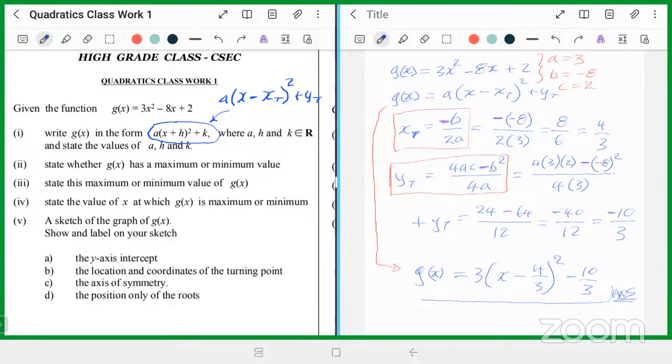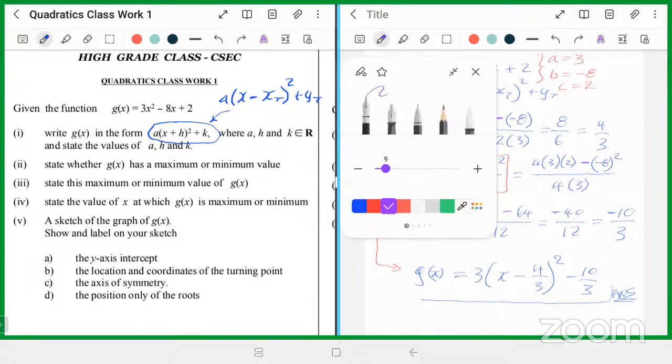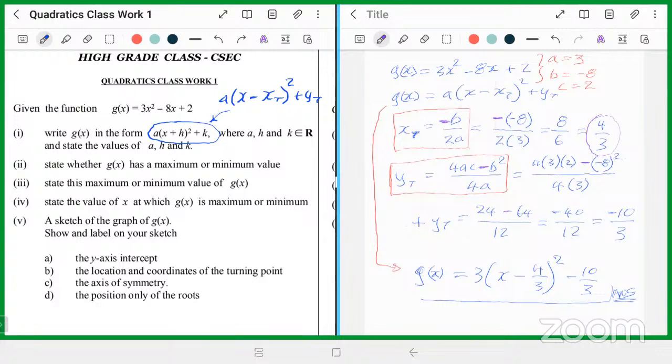Now, YT can be found another way, but I won't get into showing that other way yet, because you can actually find YT from the XT value. If I use this negative 4 over 3 value right here, and substitute it in the function for the x here and here, all of this will work out to the same YT value, because YT is the y value when x equals the XT value.